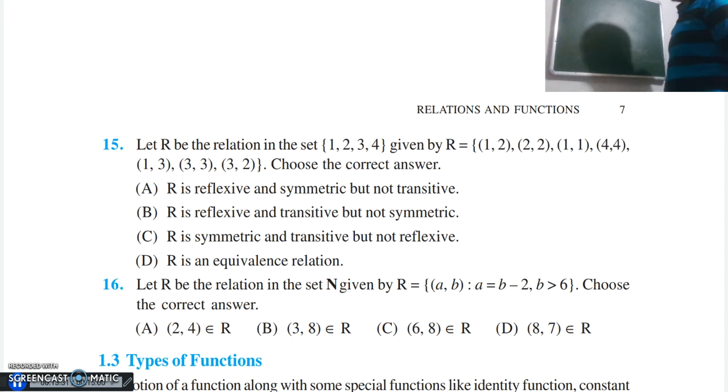This is a simple definition of functions, and to understand it, we should say that a function is a special type of relation, because the relation is so vast. It requires that A and B should be non-empty sets, then there is a relation between them. That was relation.